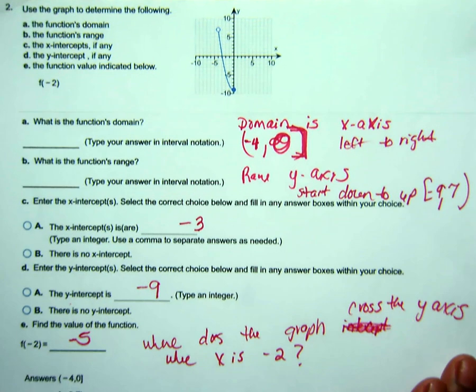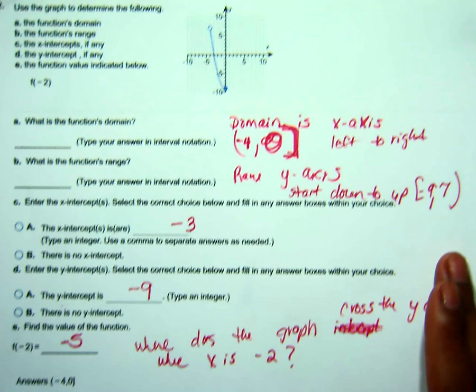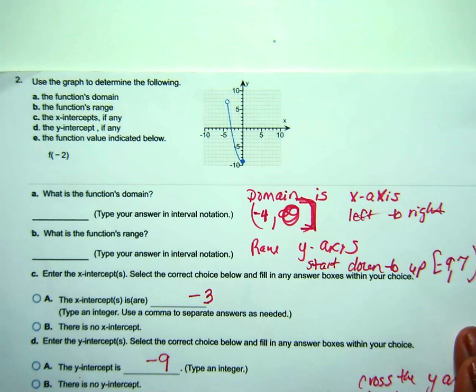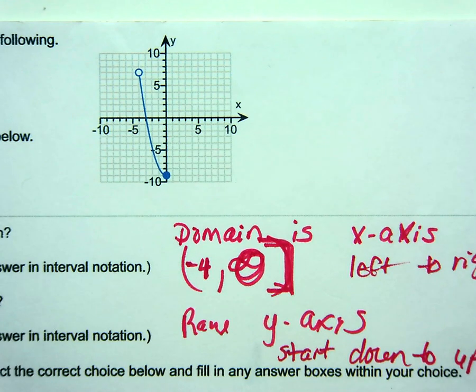Now here comes the tricky part. It wants you to find the value of the function where x is negative 2. That's just another way of asking, where does the graph cross where x is negative 2? So if we go back to the graph, we're looking at x being negative 2.